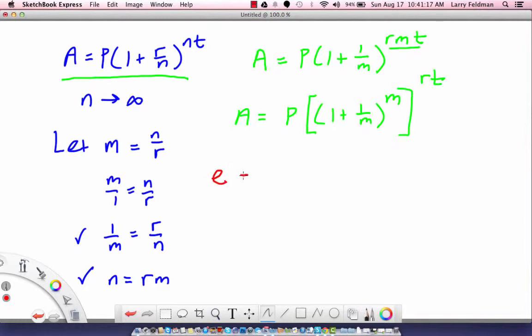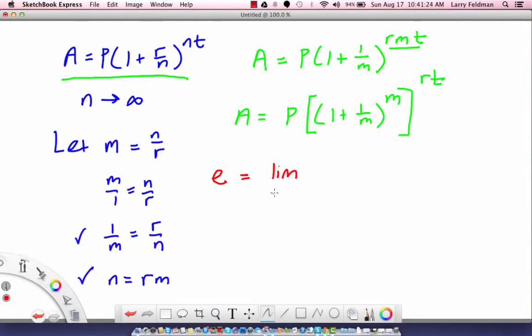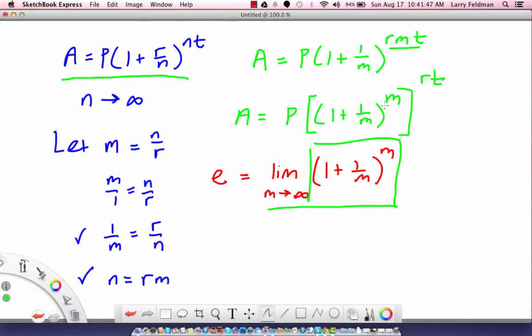This is the Euler constant, or the natural base, and it is defined to be the limit as m approaches infinity of (1 plus 1 over m) to the m. And you can see that this, at least this piece right here, is identical to the piece above it.